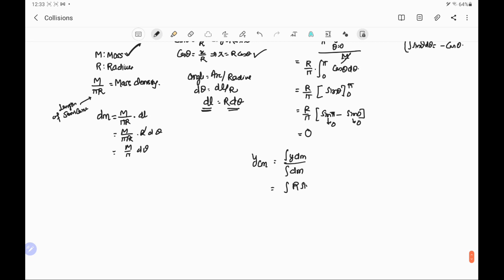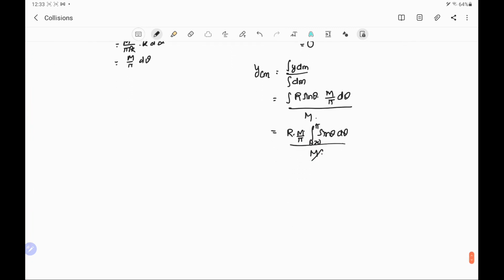It is r sin theta into dm. dm is M by pi d theta, divided by integral dm, which is the mass of the semicircular wire, so it is M. Taking the constant terms out, it will be r into M by pi integral sin theta d theta divided by M, and limits of integration are from 0 to pi. Common terms are cancelled out, so remaining is r by pi integral 0 to pi sin theta d theta.